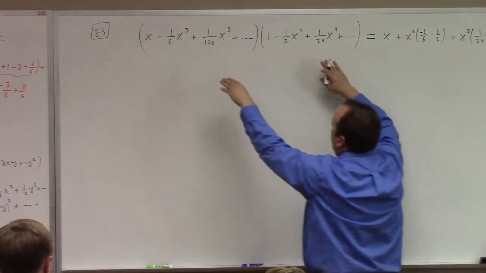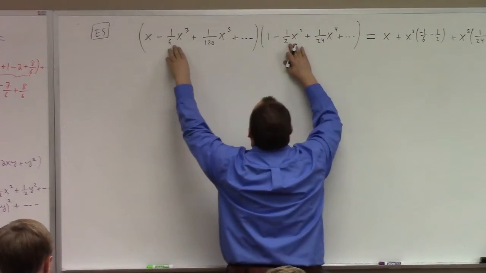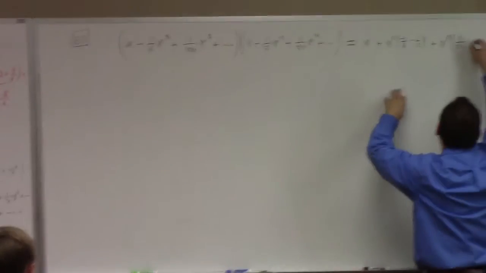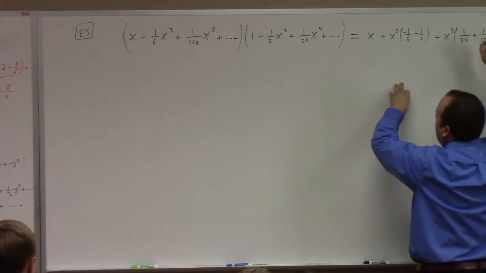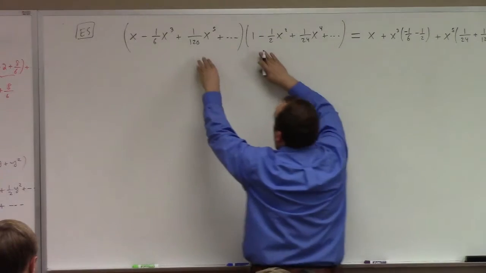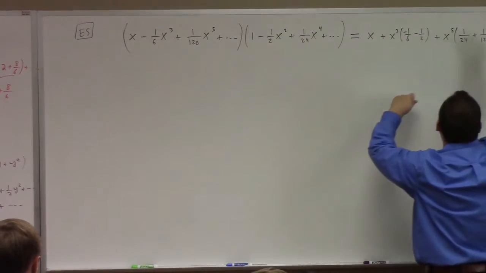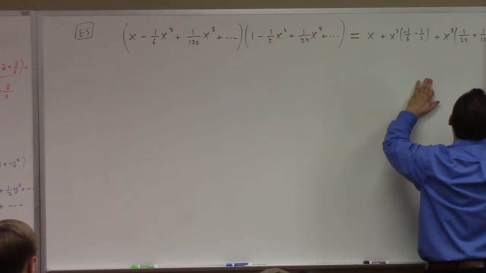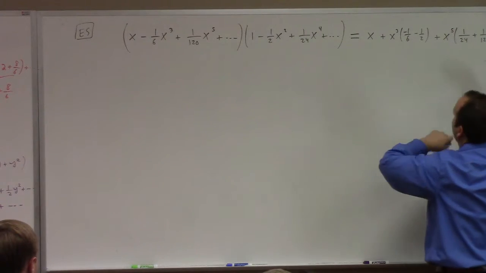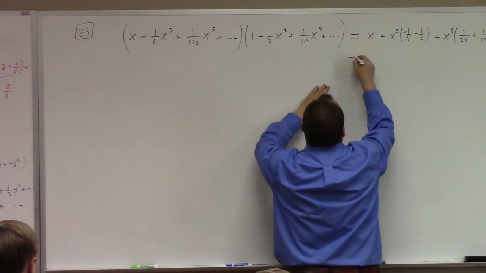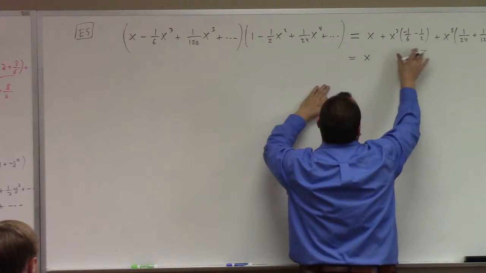Minus 1/12. Wait a minute. Minus? Plus 1/12, right? Anything else? Oh yeah, this one, right? Plus 1/120. Let's clean this up. What do we got? We've got x. What's this work out to?